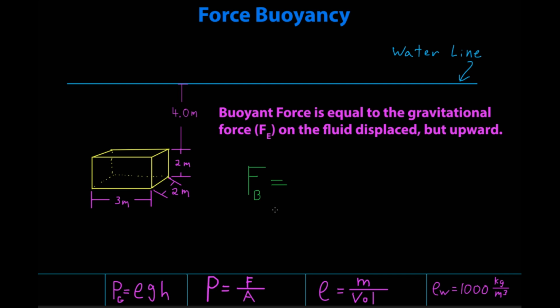So, if you're looking for an equation for force buoyancy, here it is. It is the mass of the fluid displaced times G, typically written as density of the fluid times volume of the object times G. In other words, whatever this object is, and it doesn't matter what it is, like I said earlier, it could be wood, it could be glass, it could be steel, doesn't matter.